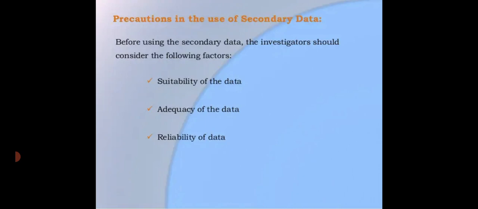Therefore, one needs to be very careful while using these data. Connor has rightly stated that other people's statistics are full of pitfalls for the users. One must check whether the data are reliable, whether the data are suitable, whether the data are adequate.